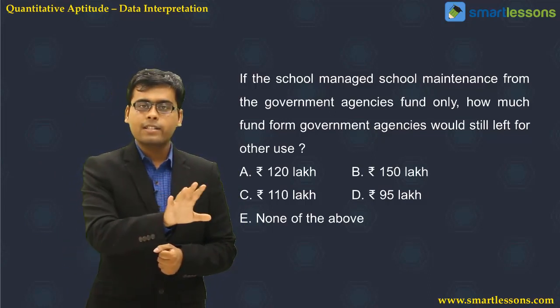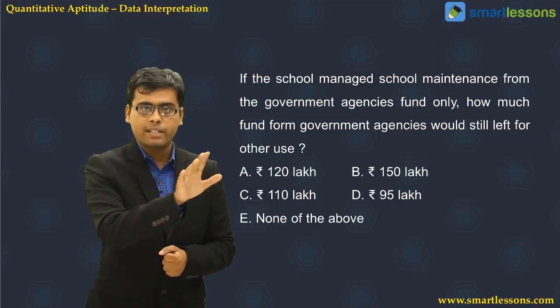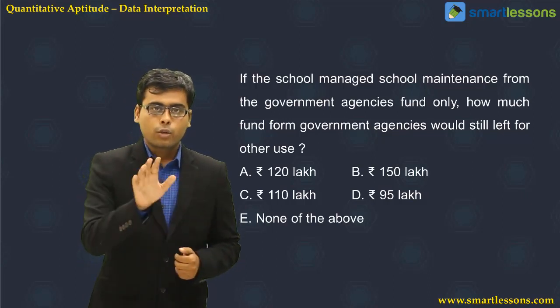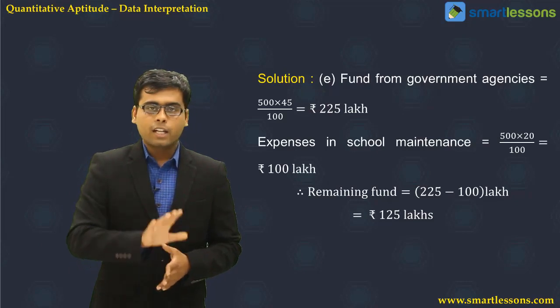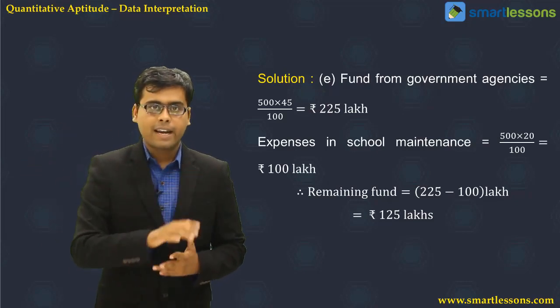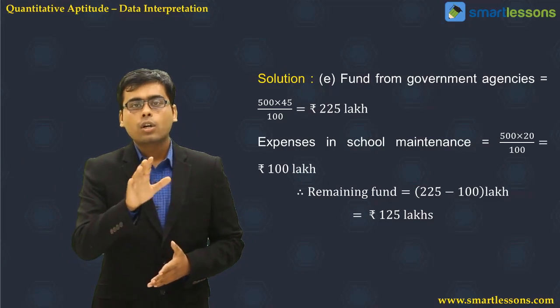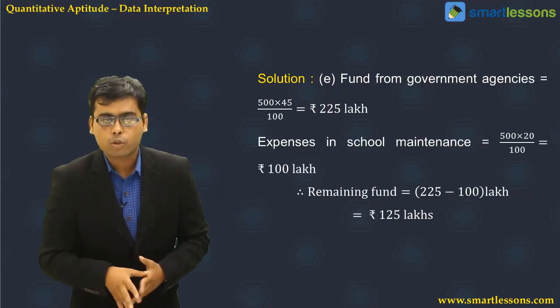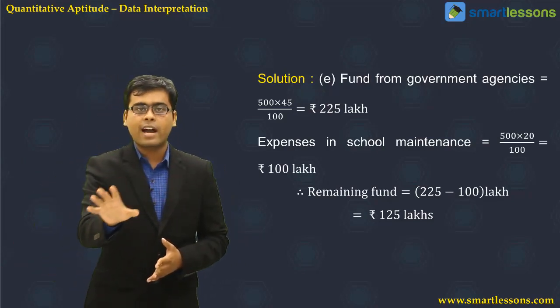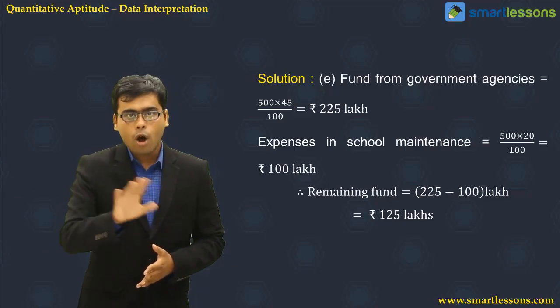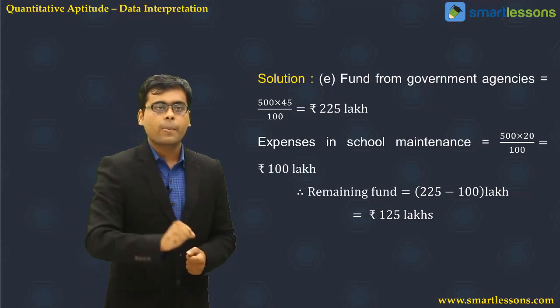It is 45% as mentioned in the pie chart, and the total fund is 500 lakhs. So 45% of 500 lakh is 225 lakhs. So the school is getting 225 lakh from the government agencies.